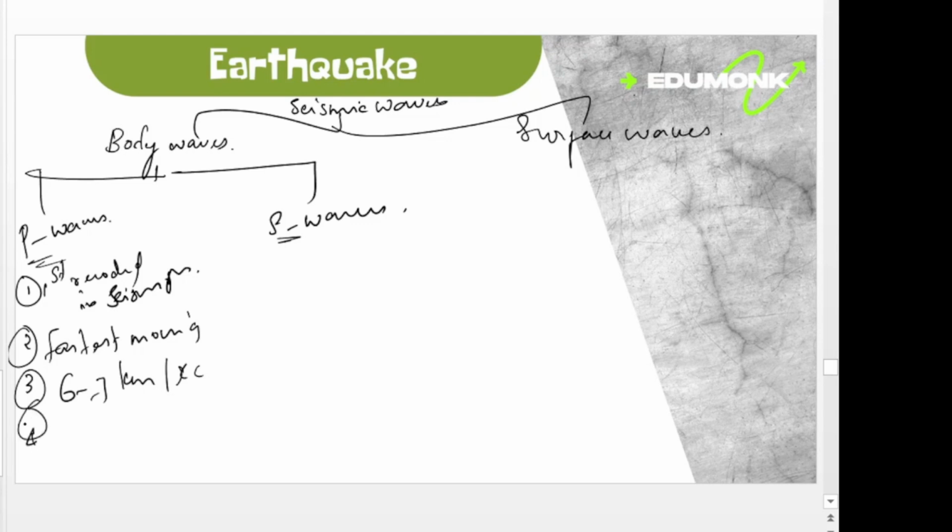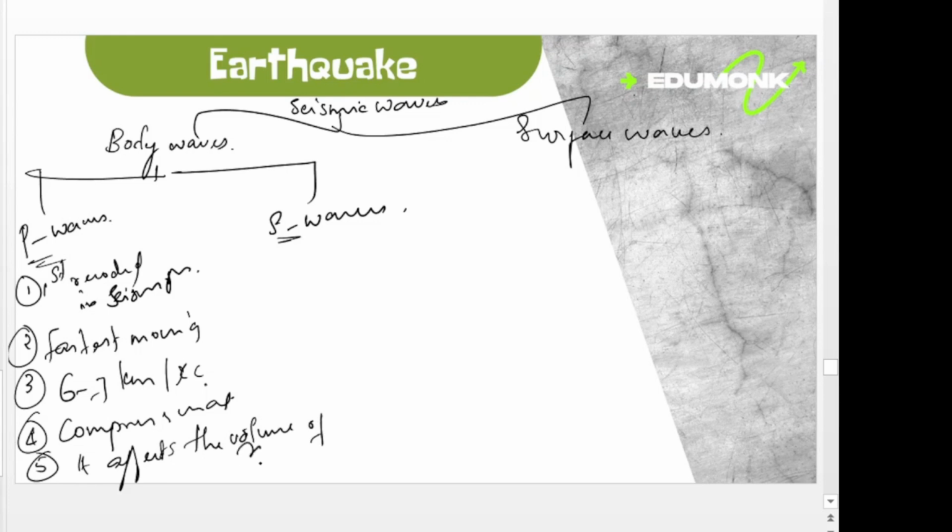These are called compressional waves. They affect the volume of rocks. These are the major features of P waves. P waves pass through all media.